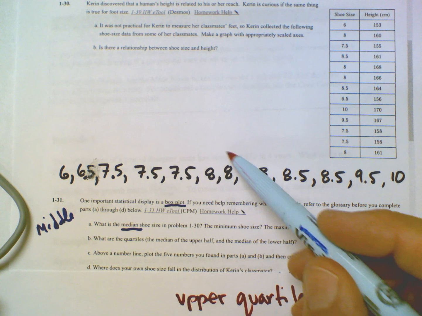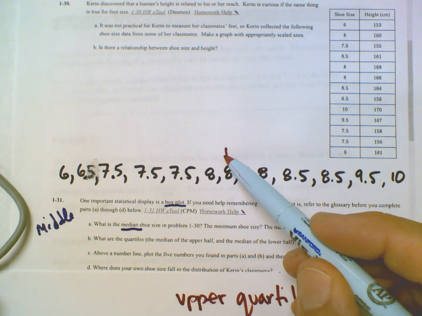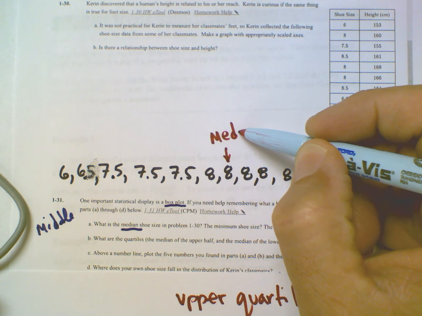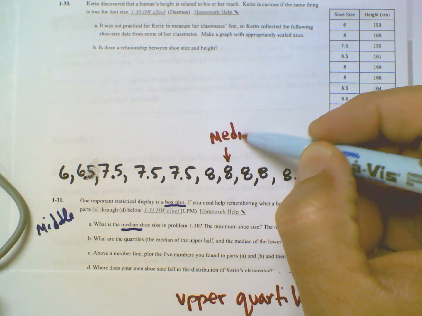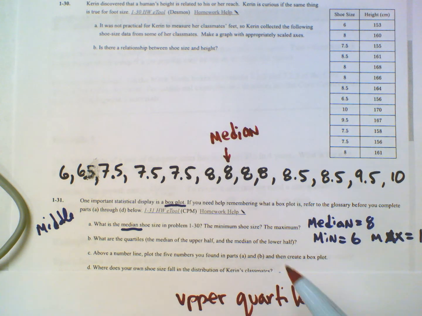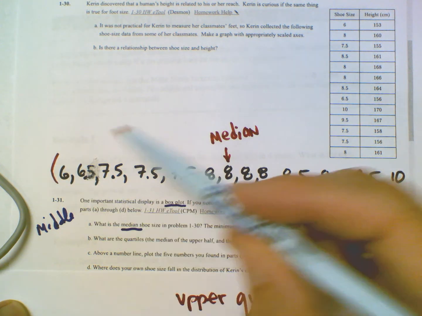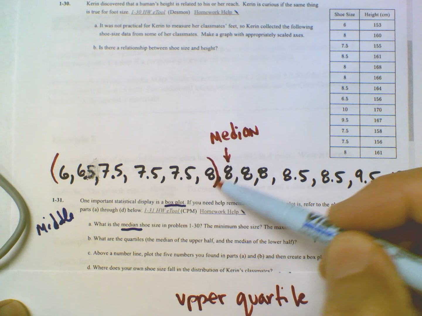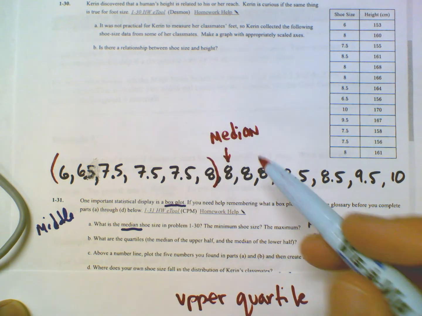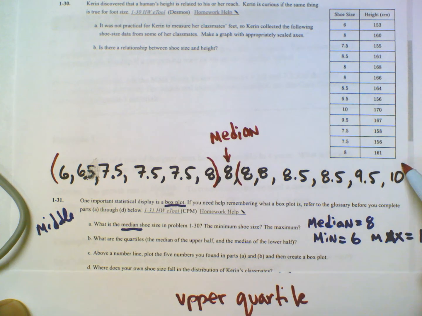Our middle, I believe, was that 8 right here. This is our median, right? That right there is the median. So for quartiles, all of this data here is what we're going to use for the lower quartile. We're going to use this data here for the upper quartile.